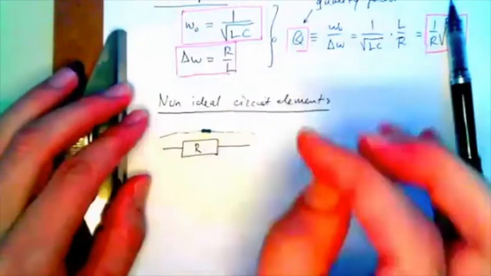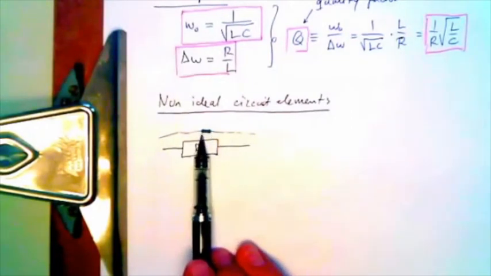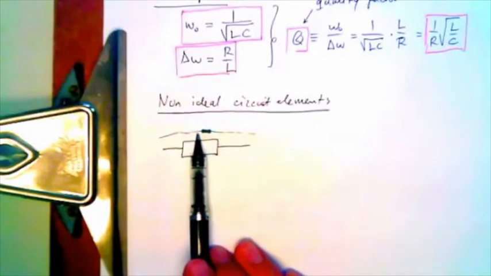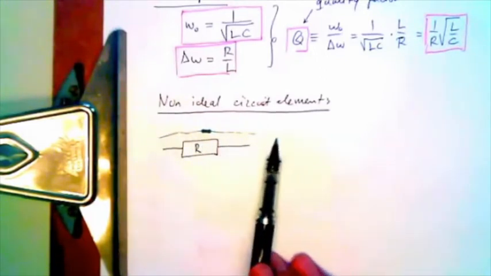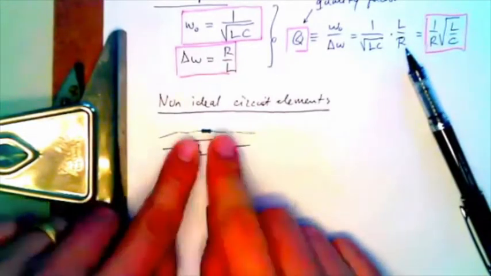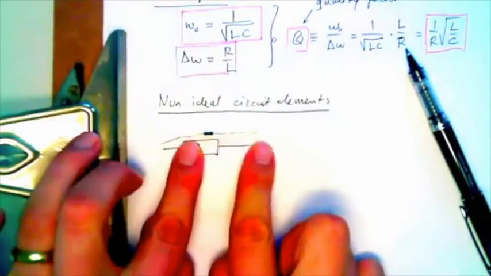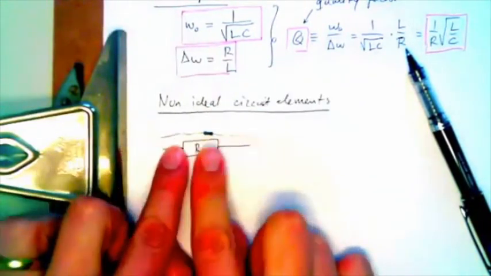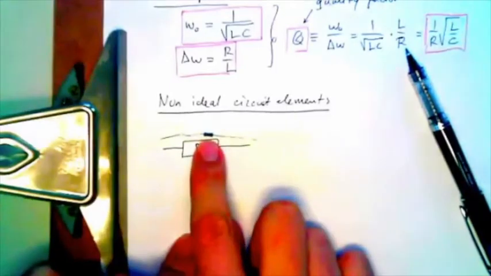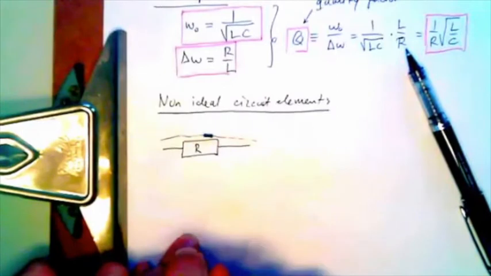But now let's look at this not as a resistor, but as a resistor with other stuff happening. So we know inside here, it's a resistor. But this wire here and this wire here, if I were to cut out the resistor and have just these two wires, then the wire here and the wire there would be separated by an insulating gap. So therefore, that is a capacitor.